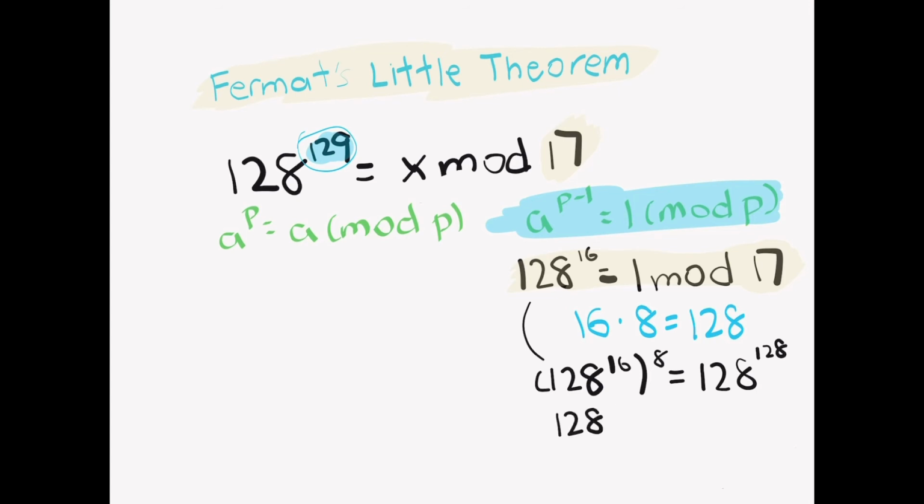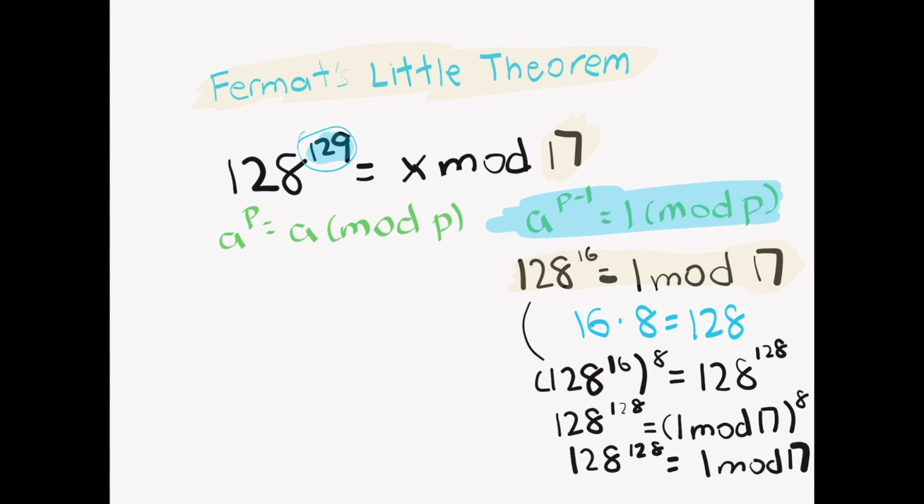So 128 to the power of 128 would equal 1 mod 17 to the power of 8. Basically we're multiplying 1 eight times, so 128 to the power of 128 equals 1 mod 17. So we're already mostly there.